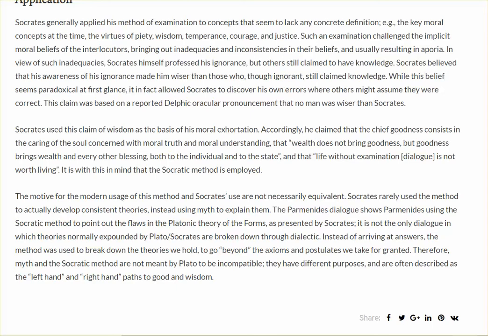This is what he believes. And life without examination, which means dialogue, he says, is not worth living.